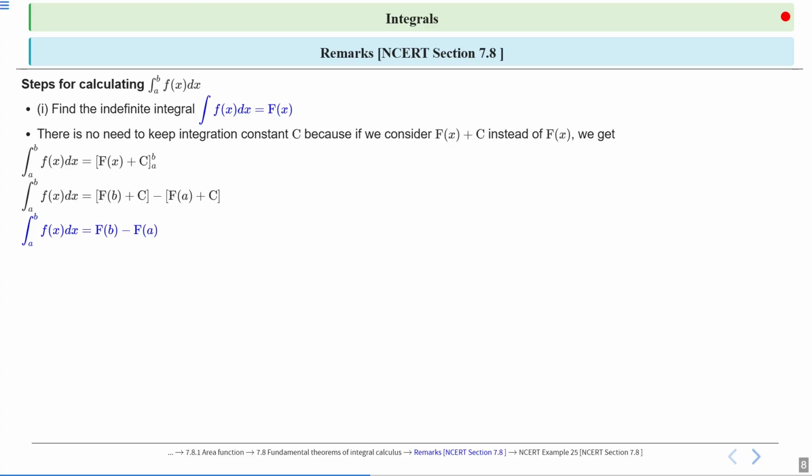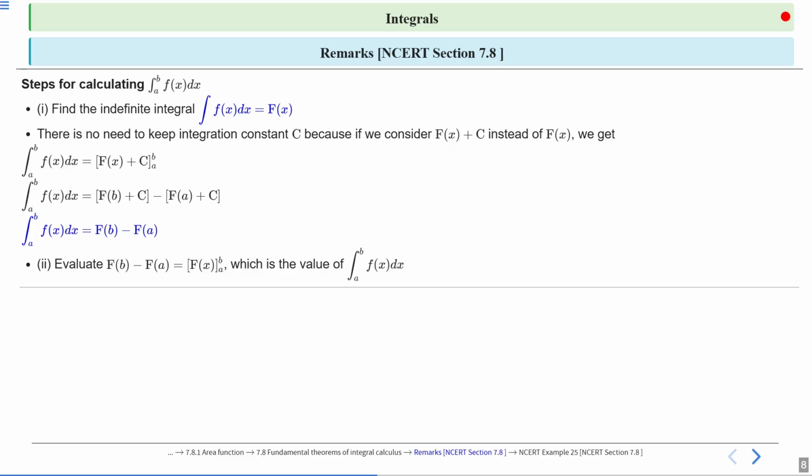Okay. Evaluate F(b) minus F(a), which is the value of the definite integral from a to b of f(x) dx. So those are the two steps for finding the value of a definite integral.